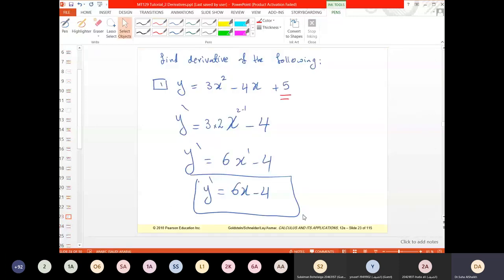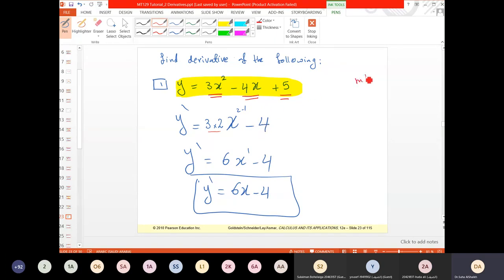I'm going back to this one. Now, Farah, you can see the question you asked about. I have 3 terms. The first is 3x squared, the second is minus 4x, and the third is the 5. The derivative of 3x squared: the 2 goes down, so it will be 3 times 2, x to the power 2 minus 1. The derivative of 4x is 4.